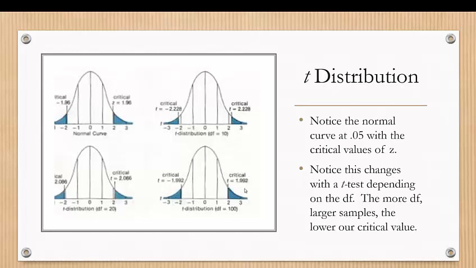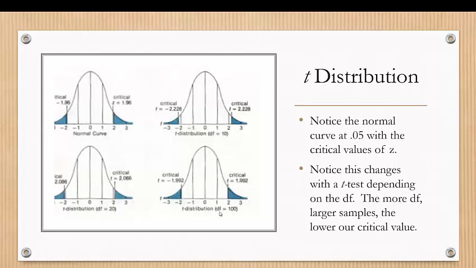So for example, let's start down here at the bottom. If we have degrees of freedom of 100, meaning we have a large sample size, our critical value at the 0.05 level is 1.992. Okay, it's slightly different than this. Remember, our critical values for the t-distribution are going to be dependent on sample size, which correlates to degrees of freedom.